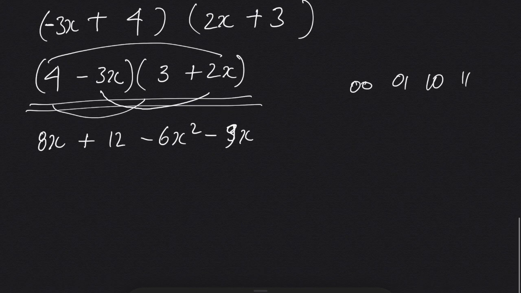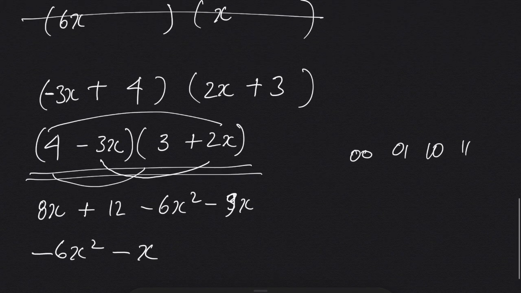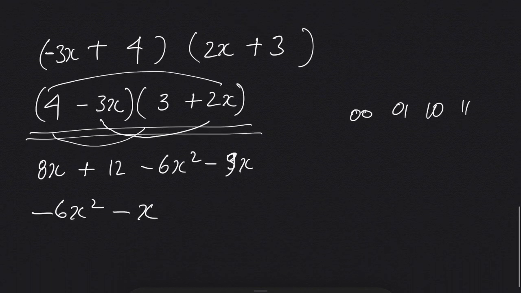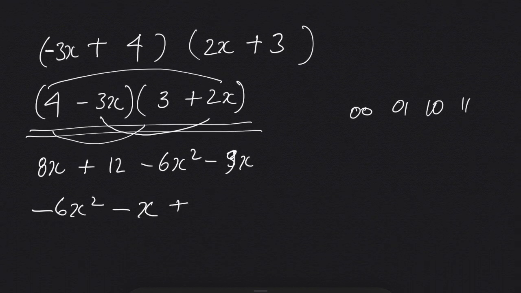So if we then neaten this up, we can work it out that we have negative 6x squared, so minus x, because we have an 8x minus 9x, as we see here. And then we have our plus 12.